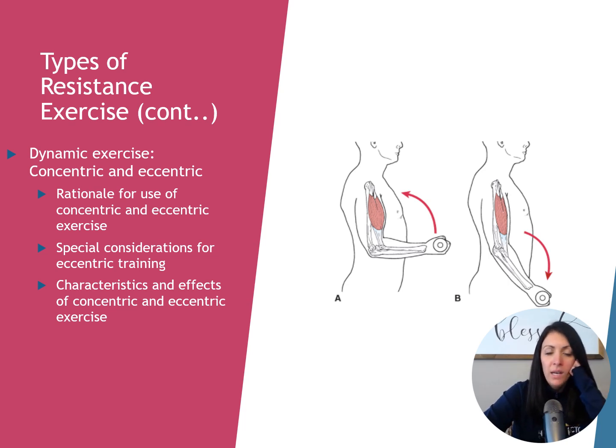It's also good to have a precaution that there is a greater stress on the cardiovascular system, which means increased heart rate and arterial blood pressure during eccentric exercise compared to concentric. And this is possibly due to the greater loads that are used for eccentric training. It is very important to incorporate rhythmic breathing during high intensity exercises.